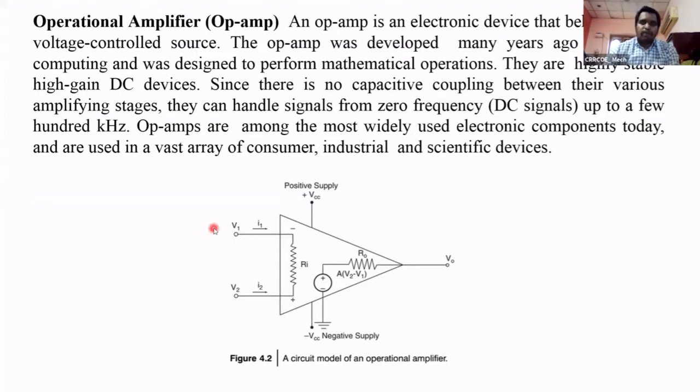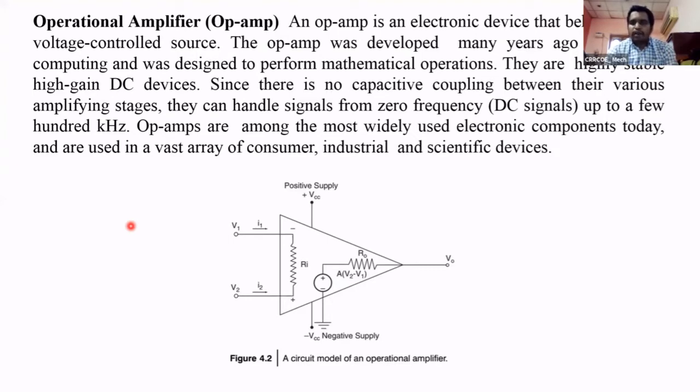One more advantage of the op amp is it is a high gain device and a highly stable device. These two are the main advantages of the operational amplifier. What is that? High gain and high stability. Because of these advantages, this is a widely used electronic component today.